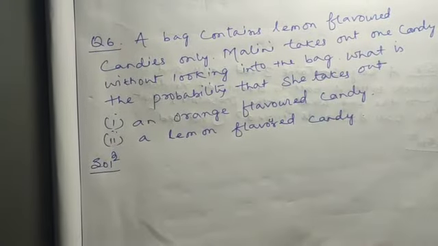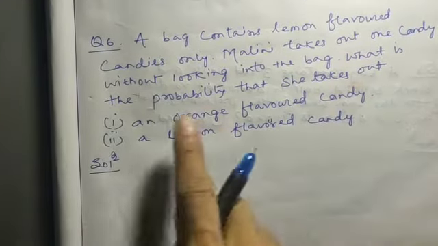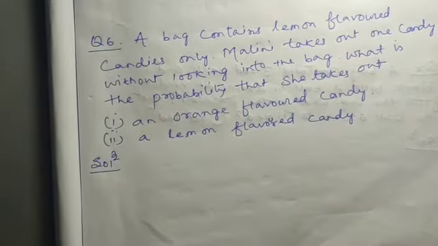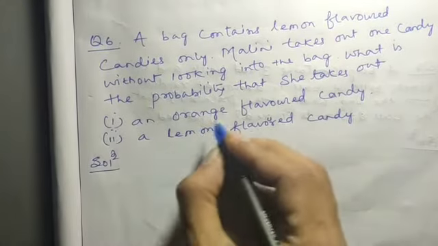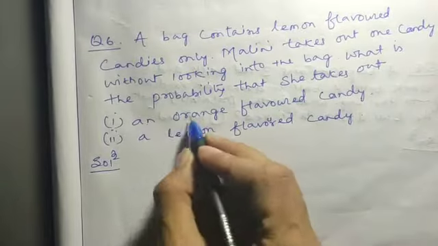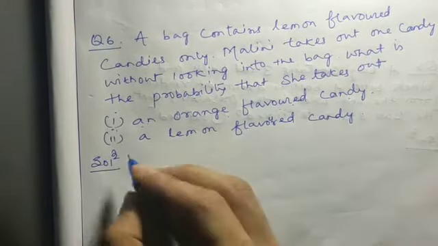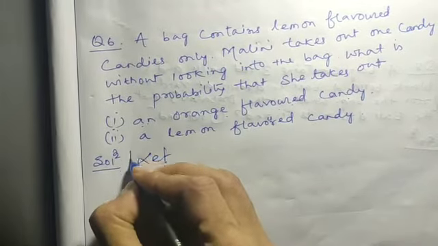Malini takes out one candy without looking into the bag. What is the probability that she takes out an orange flavored candy? See, here probability that she takes out an orange flavored candy. What is the event? The event is an orange flavored candy, yes or no?